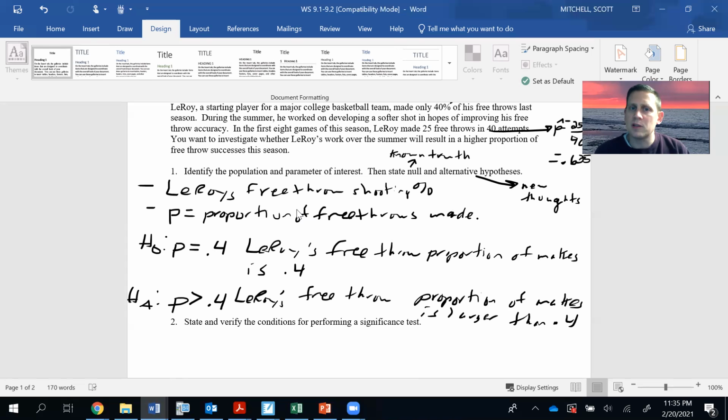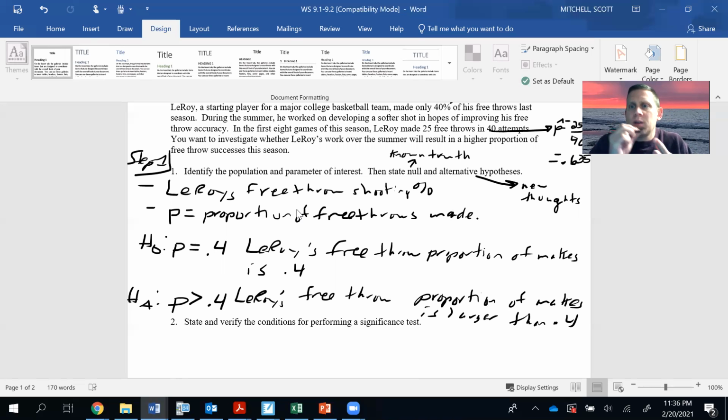So identify my population, I identify my parameter of interest, and then I need to state my null and alternative hypothesis. This is step one in our process. It's a little bit longer for hypothesis testing for step one than it is for confidence intervals, but it's still the same type of thing. Yes, it is different. It has some different things in it, but it's still the same thing. With a confidence interval, we were estimating blah, blah, blah.